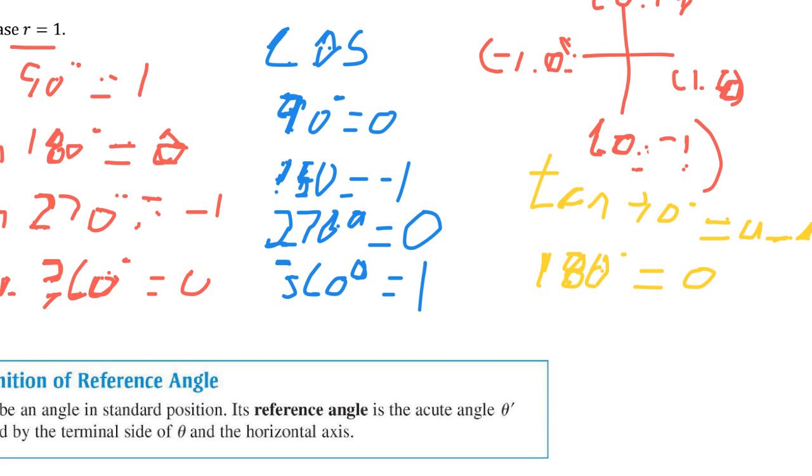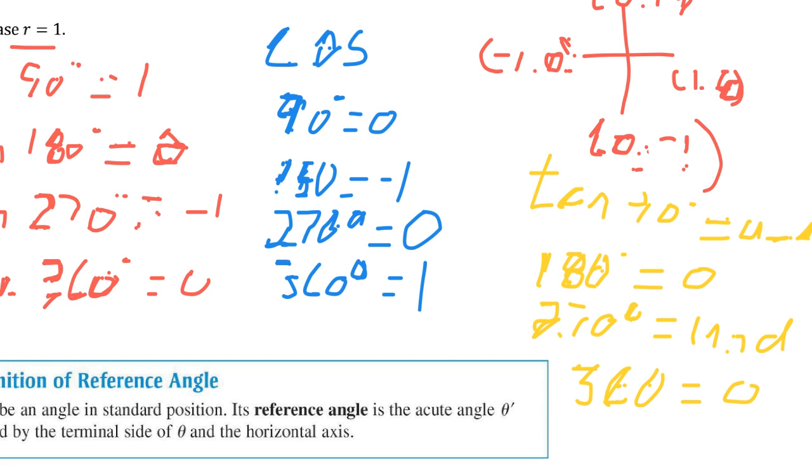Tangent of 270 is going to be negative 1 over 0, y over x, my bad, which again is undefined. And 360 is going to be 0 over 1, which is 0.